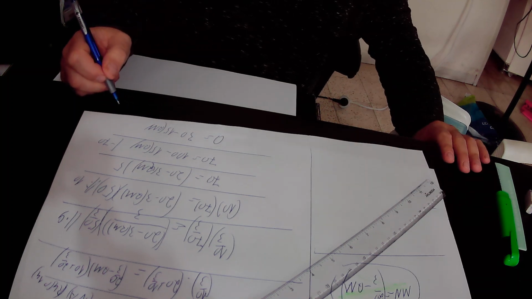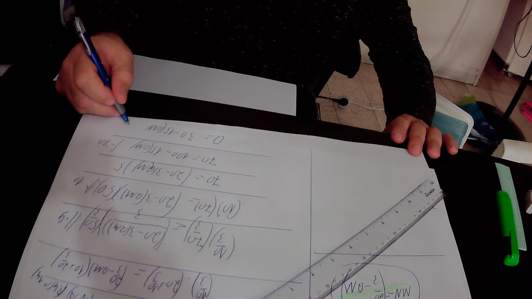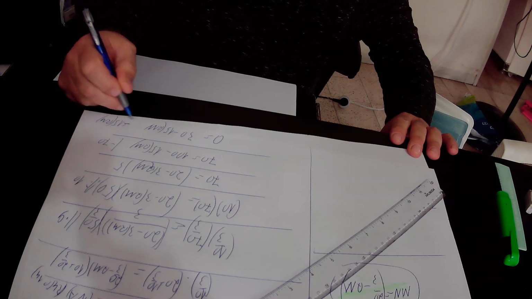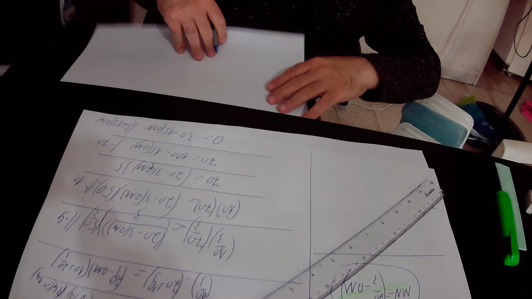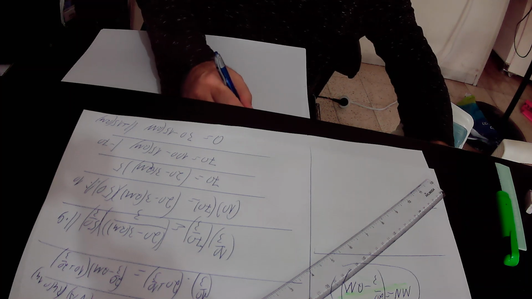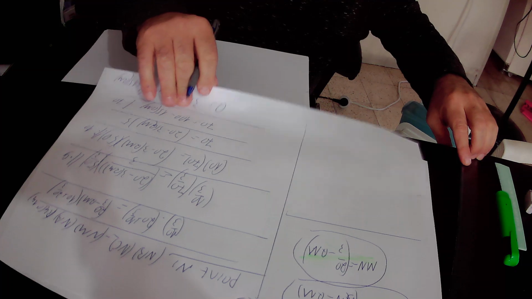Here we add 15 qm to this equation, and we get that 15 qm equals to 30.